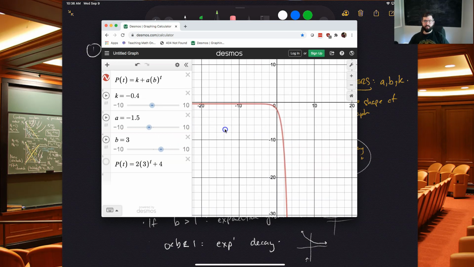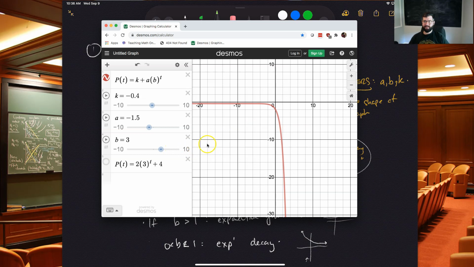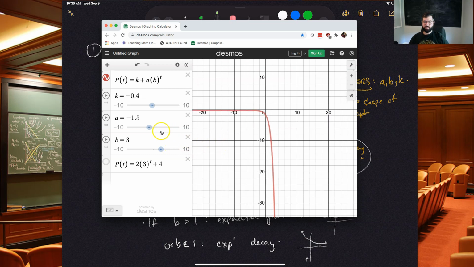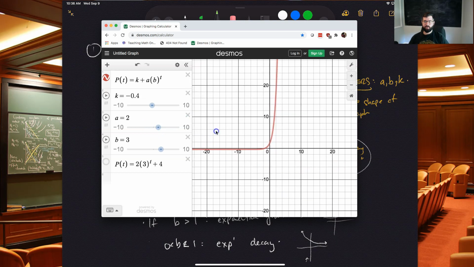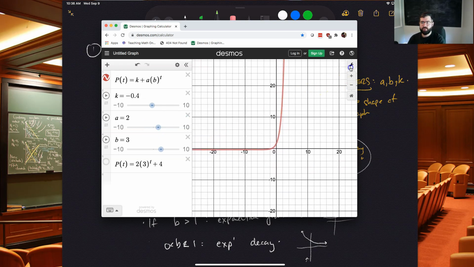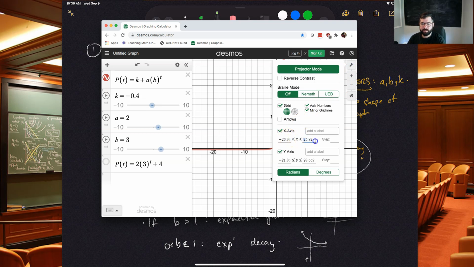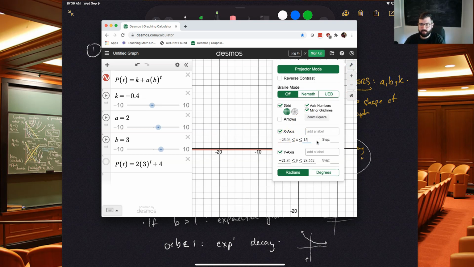So lastly, we have the growth factor. How does this change the curve? Well, let's put things more into exponential growth. Let me change the window here a little bit. Make that a little bit smaller.